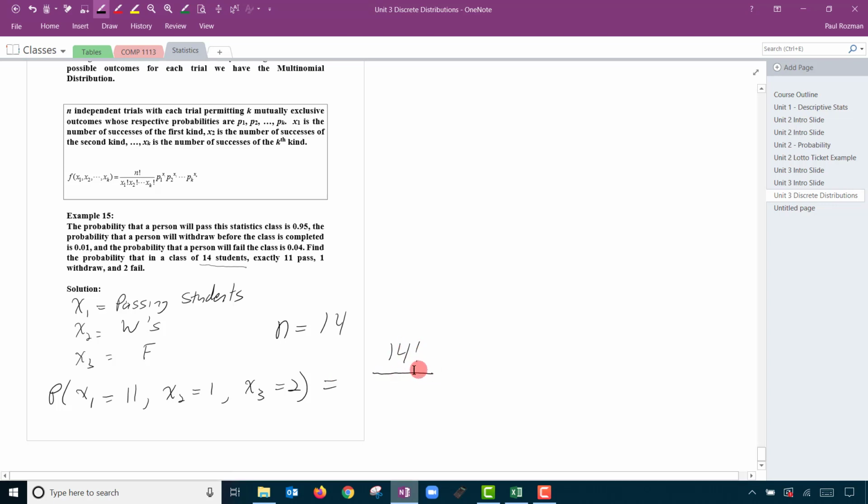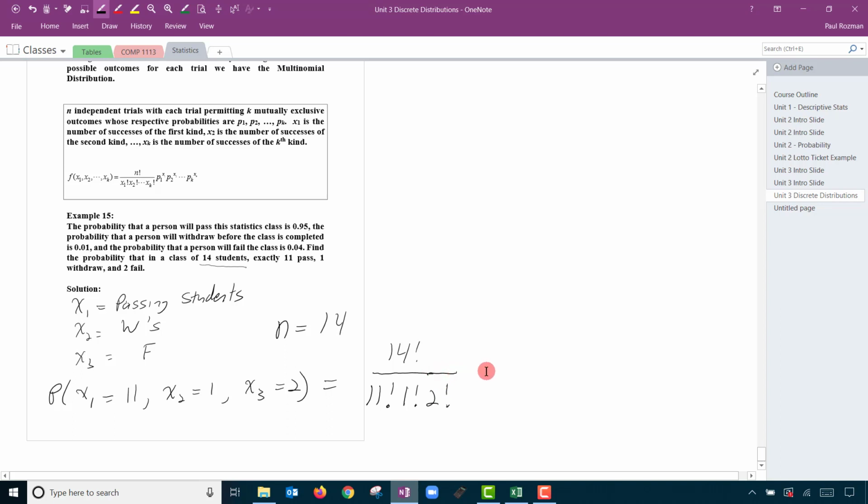If they were all unique, there'd be 14 factorial ways, but I can't tell the 11 people that pass apart. You're all just numbers to me. You're just people that pass, or you're people that don't pass, or you're people that get W's. So if I have two people that are passing, I can swap them around and it's the same thing. Same with the withdrawers and the fails.